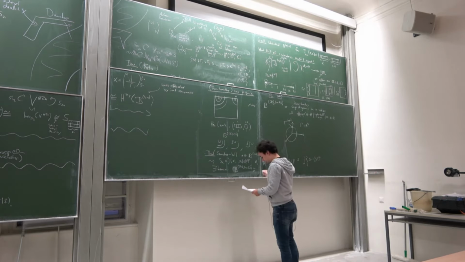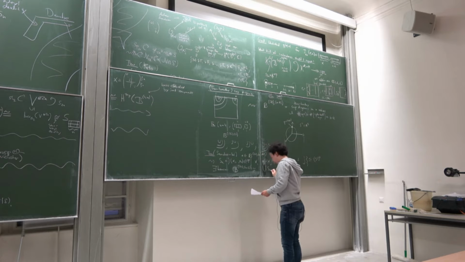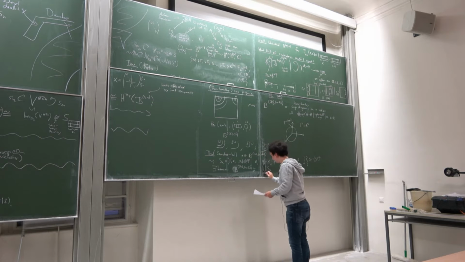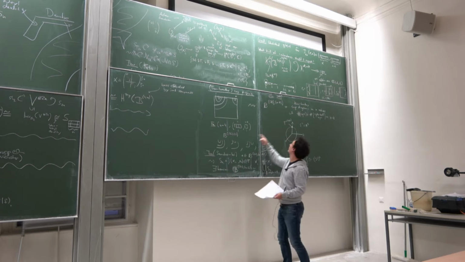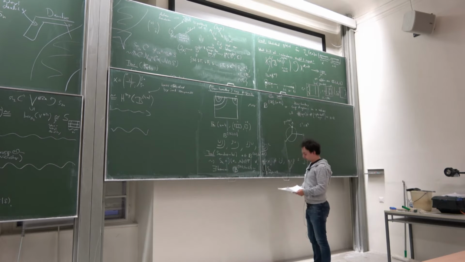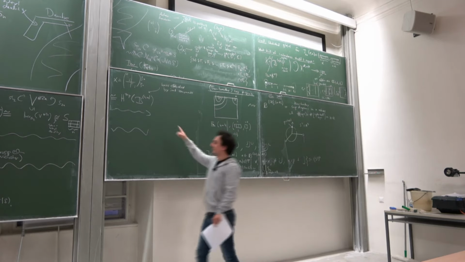This is homeomorphic again to this union, where you take all cup diagrams inside this B. So this at least finishes this direction.